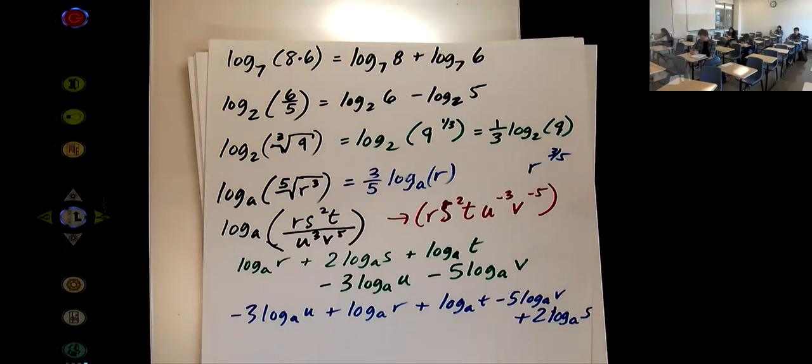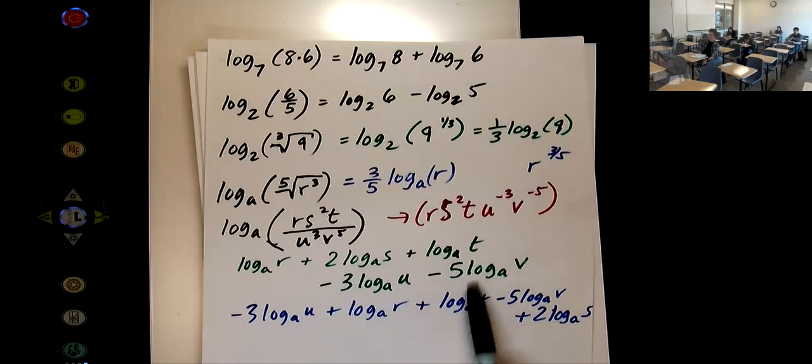Either of those work. The reason I kept them in the order I had them is because r, s, t, u, and v are in alphabetical order. The bases are all the same, so I kept them in alphabetical order.